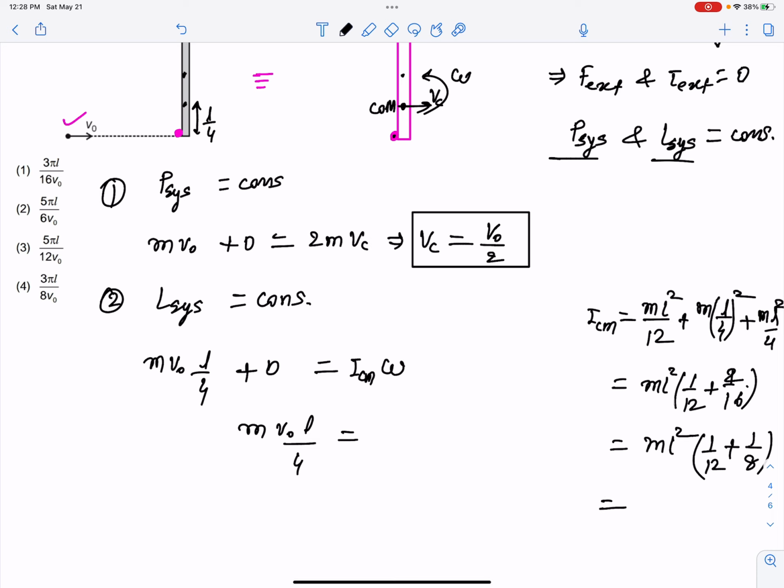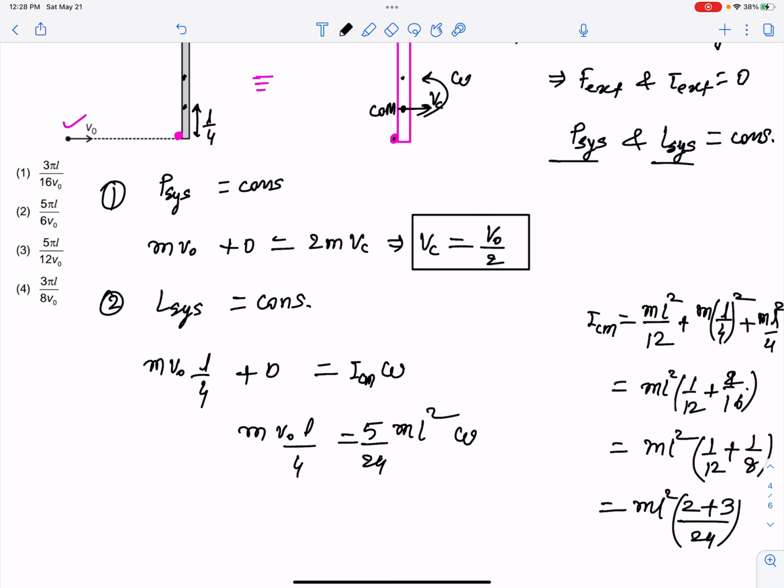So it will be 2 plus 3 over 24, so 5 over 24 m L square, and omega. So from here, m cancels out, and omega we get as 6 v naught over 5L.